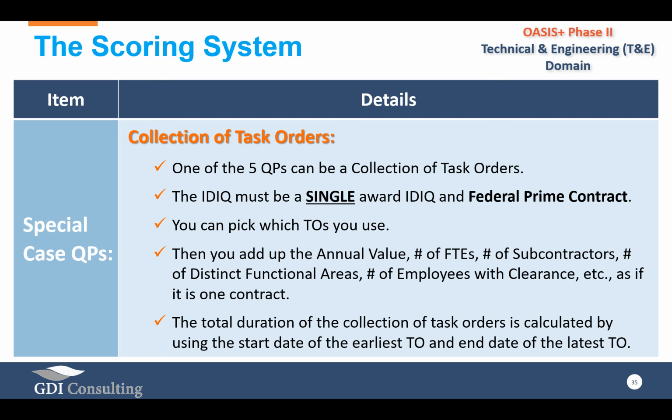So that's why it's called a collection of task orders, and it's important if you have this kind of IDIQ or BPA with multiple task orders, and there's no limit, maybe you add up 30 very small task orders to get above 500K or anything like that. Same stands for unrestricted, of course. So that's something to consider.